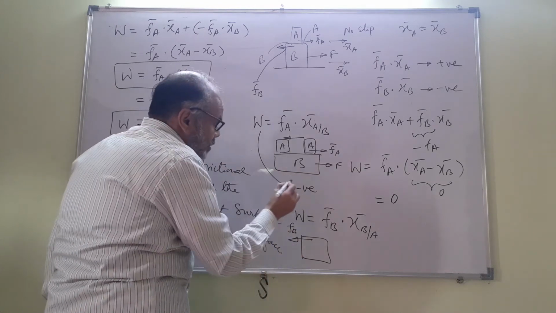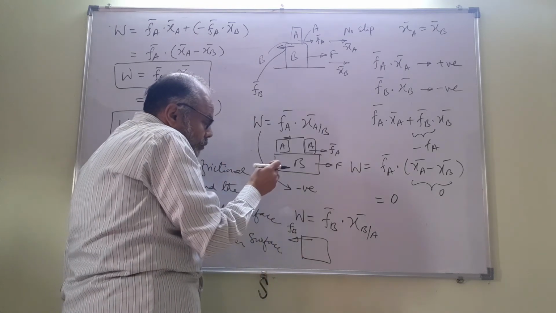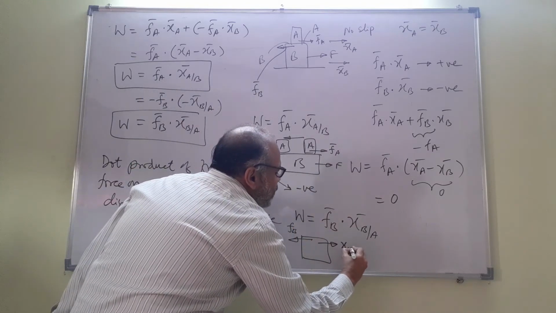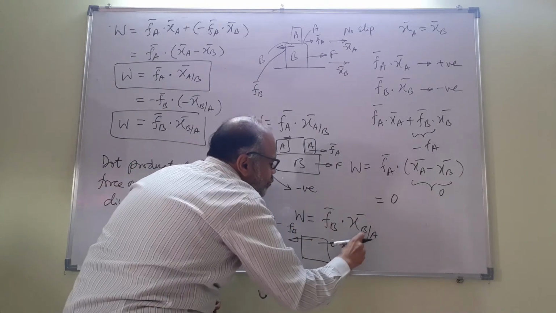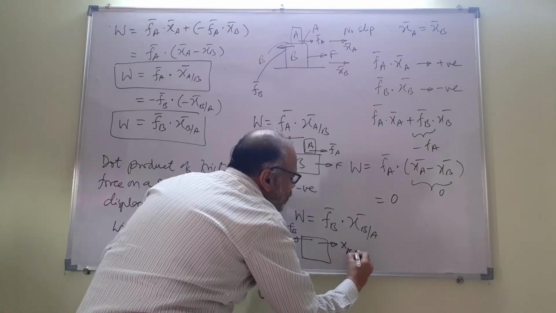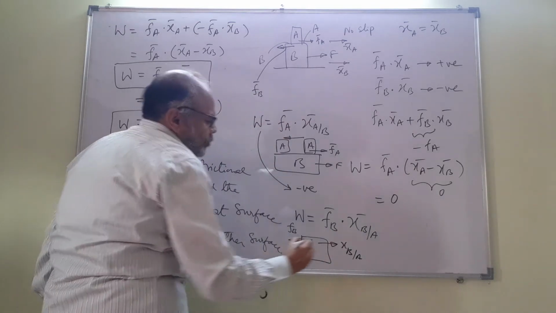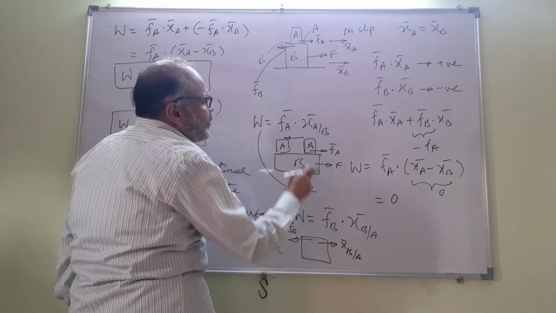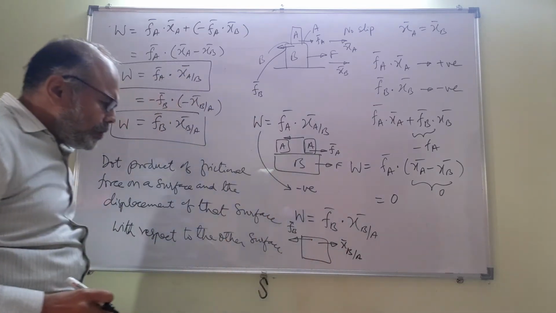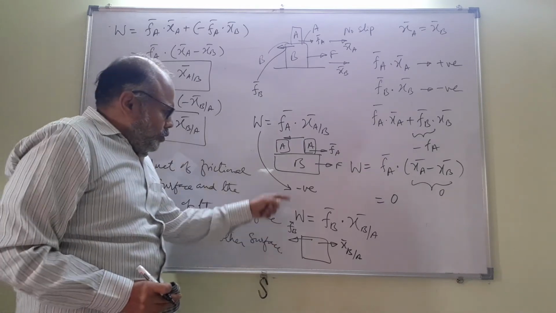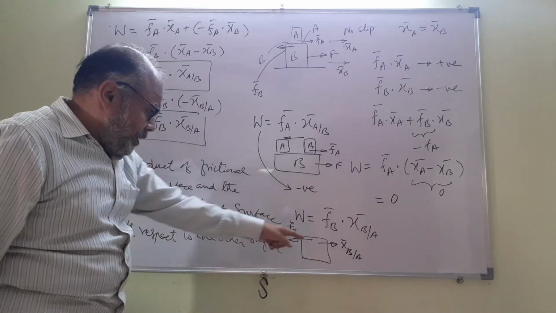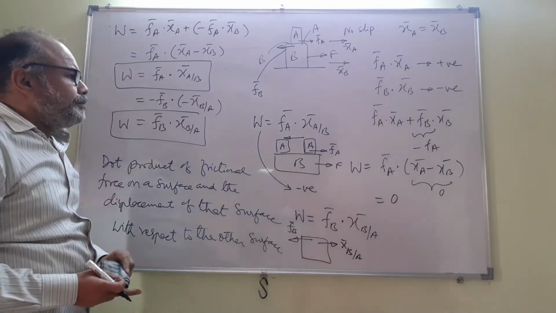Now B is slipping towards the right with respect to A. So XBA is towards the right. So the dot product of these two will again be negative. It will give you the same value as FA dot XAB. It is negative here also.